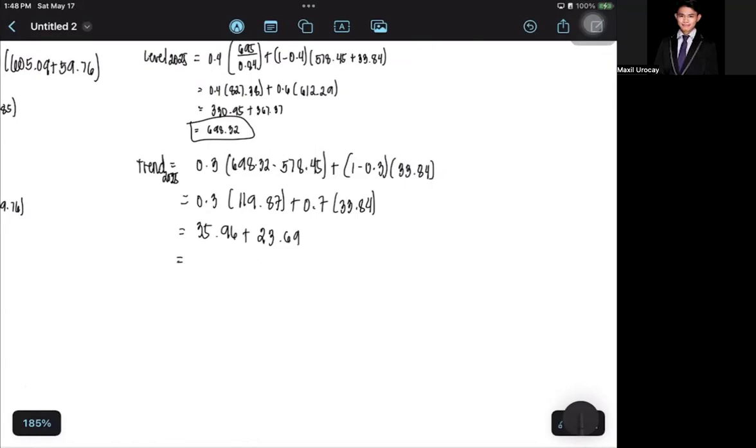So 35.96 plus 23.69 is a total of 59.65.